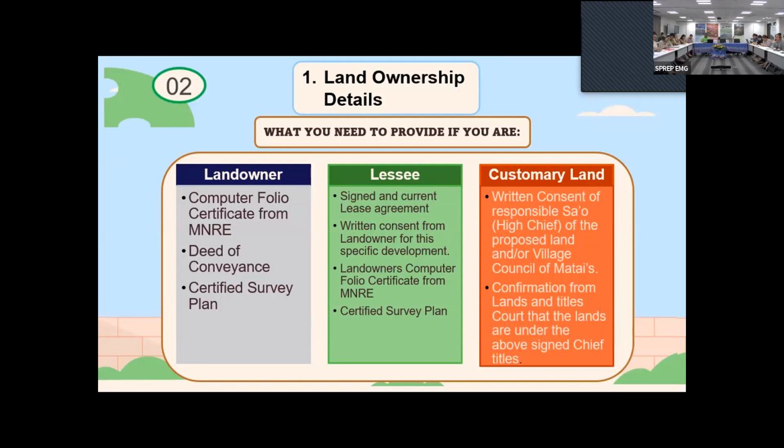But on that very key question about environmental reserves, who is the landowner there? The answer is that officially and legally it's government. The administrator of all government lands and reserves is MNRE, so you must seek their approval.